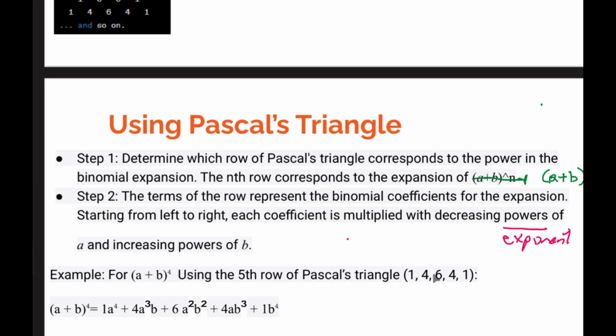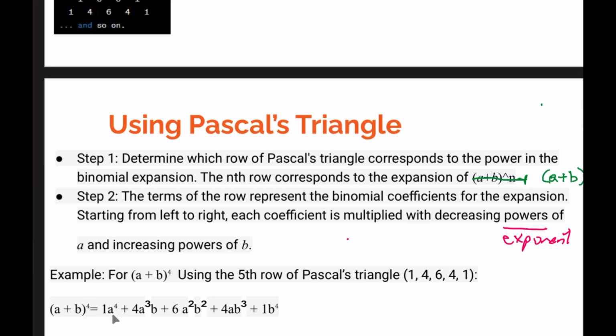Then when you go with b now, you're going with increasing powers of b. You start with b to the 0, but b to the 0 is 1, so you don't put a b there. But then it's going to be b to the 1, then b to the 2, then b to the 3, then b to the 4. So the first term goes with decreasing powers, beginning with the highest power.